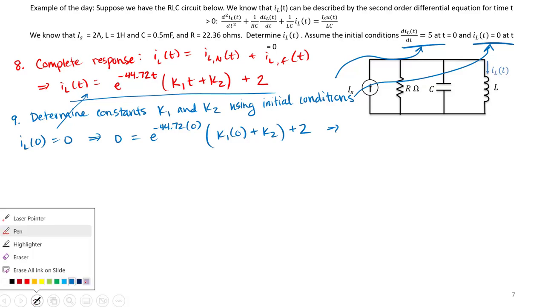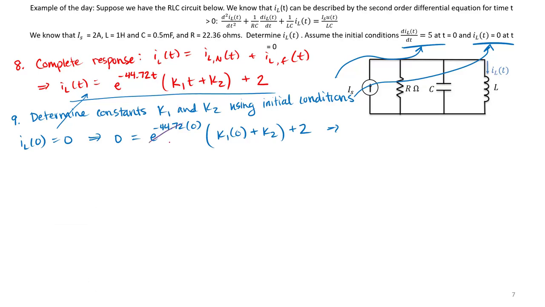If we simplify this, remember e to the 0 power is just 1. k1 times 0 is 0. So here we determine that 0 must equal k2 plus 2. This gives us that k2 must be negative 2.